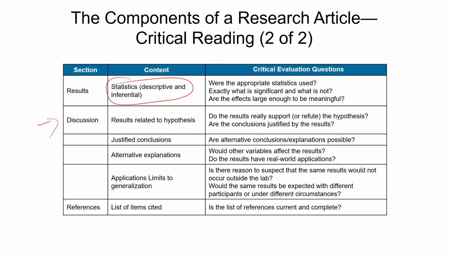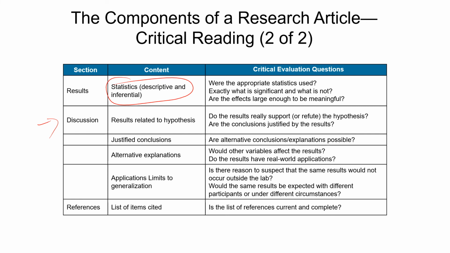Did it support your hypothesis? Did it refute your hypothesis? Was it not good enough to use as an analysis for your hypothesis? You're looking at justified conclusions. You're looking at alternate explanations. All of that is where you're looking at basically interpreting your results in terms of your research hypotheses.